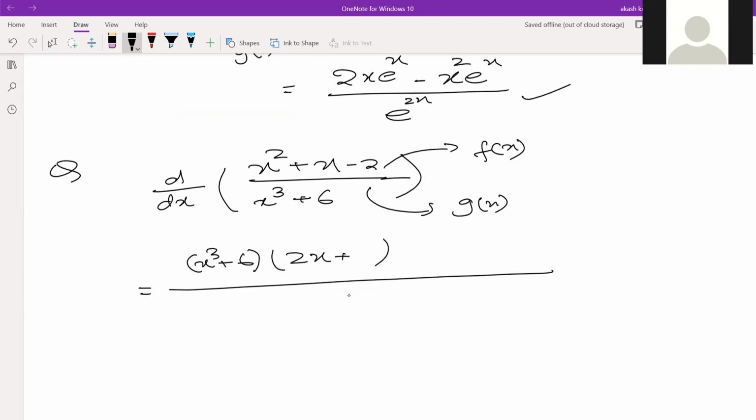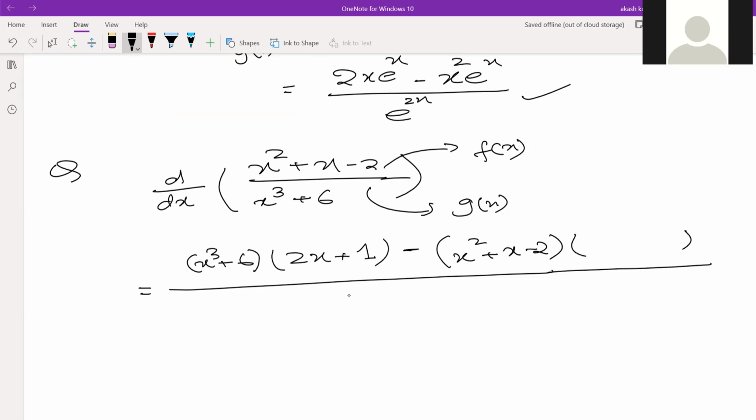The derivative of x squared is 2x, the derivative of x is 1, and the minus 2 will be cancelled. Then there's a minus sign in the formula, keeping x squared plus x minus 2 as it is.